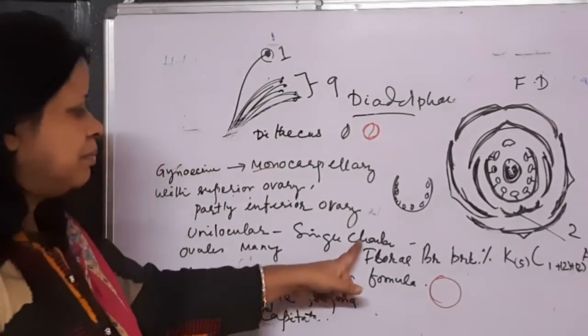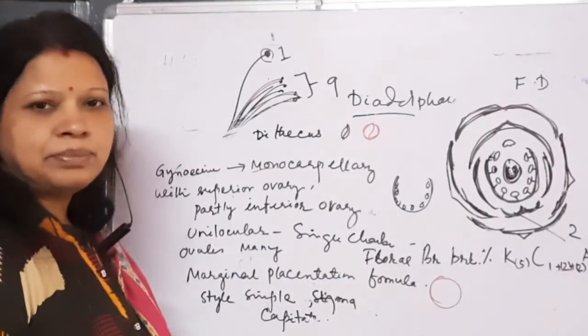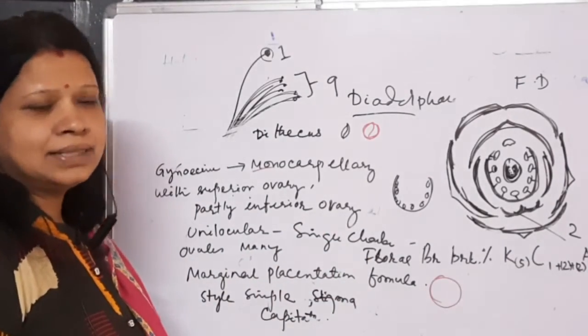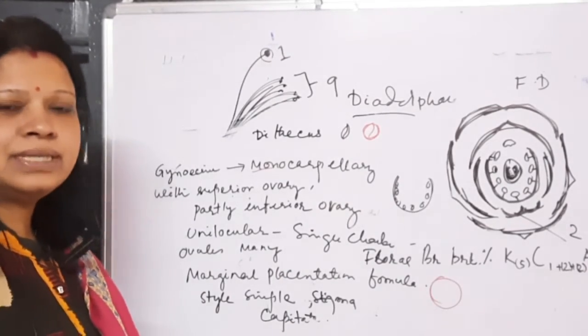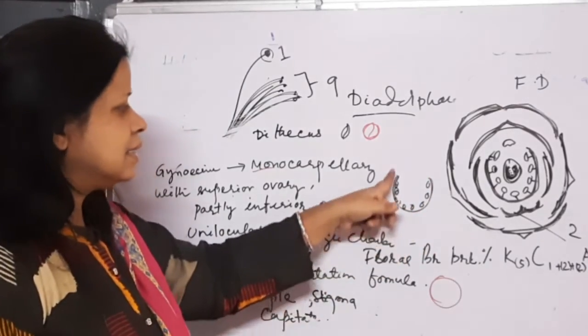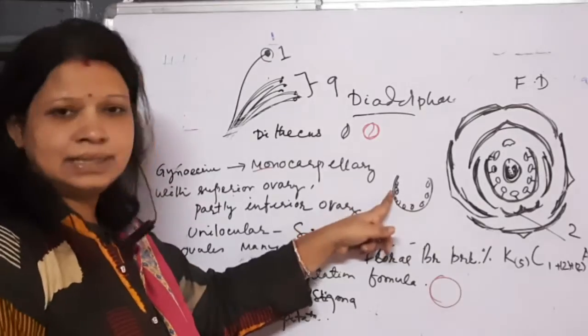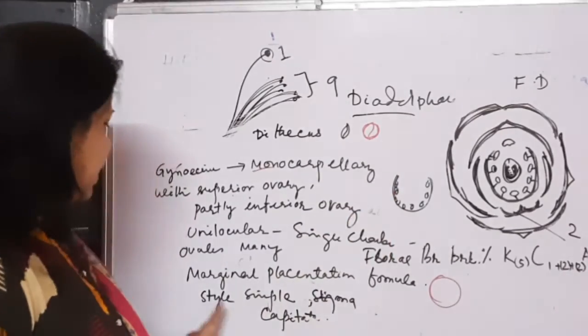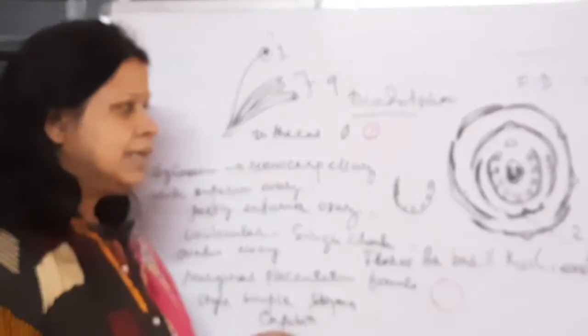Locule means chamber, and inside the single chamber many ovules are present in marginal placentation. Placentation means arrangement of ovules in the ovary. So these are the ovules which are arranged in the margin, and this condition is known as marginal placentation. And the style is simple and stigma capitate.